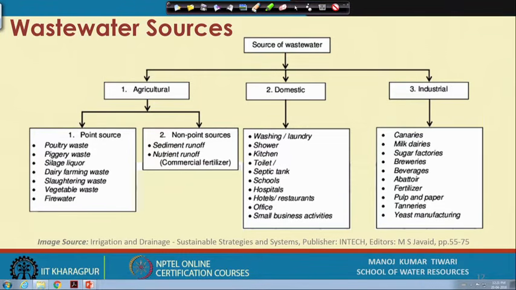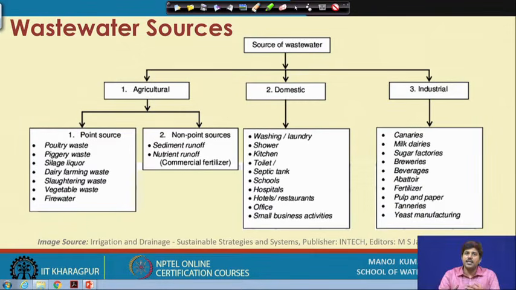There is another sector which a few people consider, which is storm water, which is just the rainwater falling on the surface and generating runoff. So, urban runoff or storm water, for that matter, is also a source of wastewater which can be considered, although there are two opinions on considering storm water as wastewater or not, because it is rainwater directly.